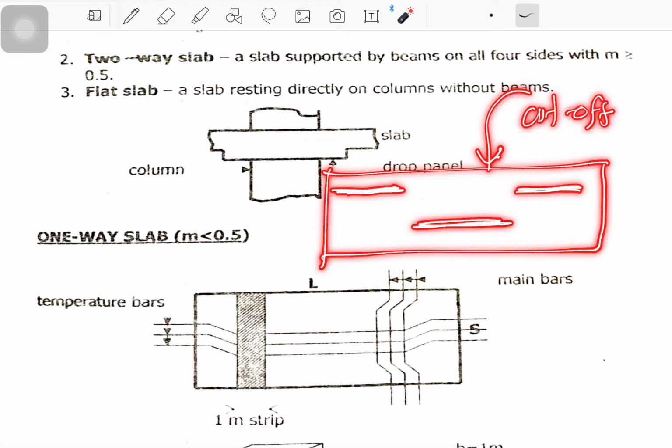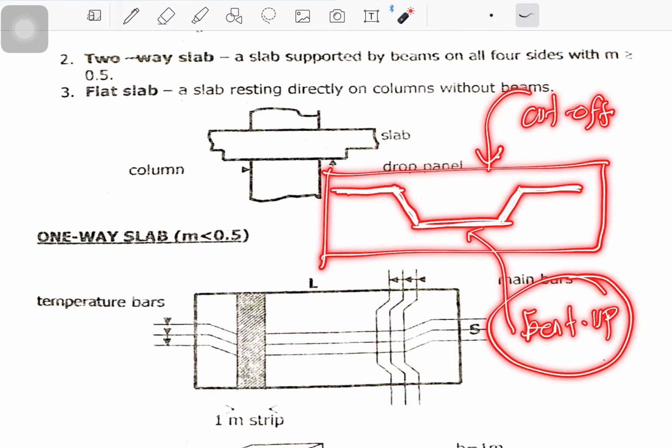If you have the bent up, this is continuous. That is bent up bars. Normally during construction, we will not use this, because we don't have the machines and the manpower or the workmanship of the workers.